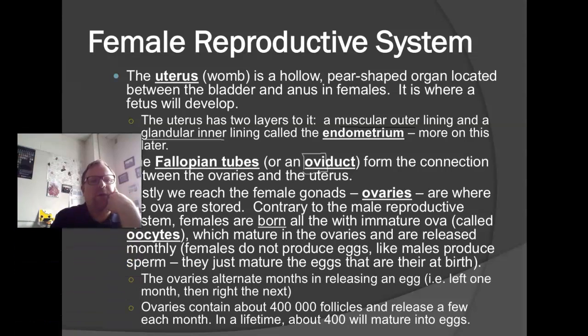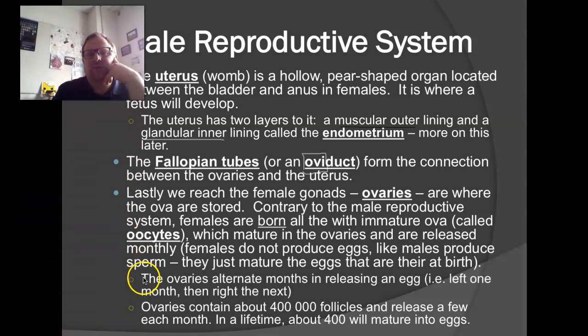The last part that we reach are the female gonads, which are the ovaries, pardon me, and that's where the ova, plural for ovum, are stored. The eggs are stored. And contrary to the male reproductive system, this is important for you guys to recognize.